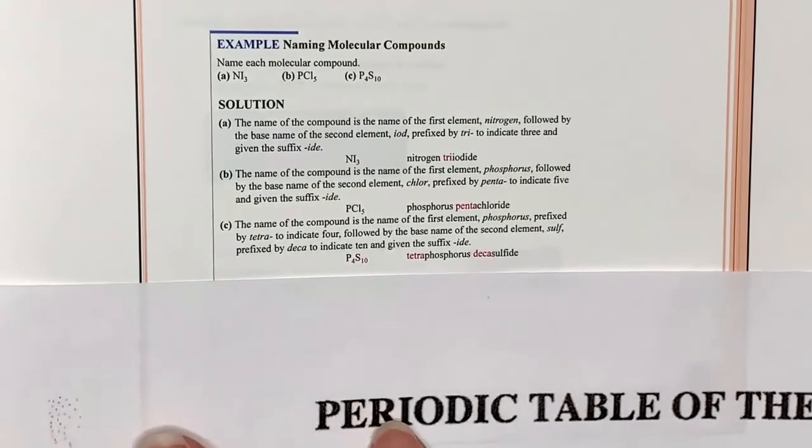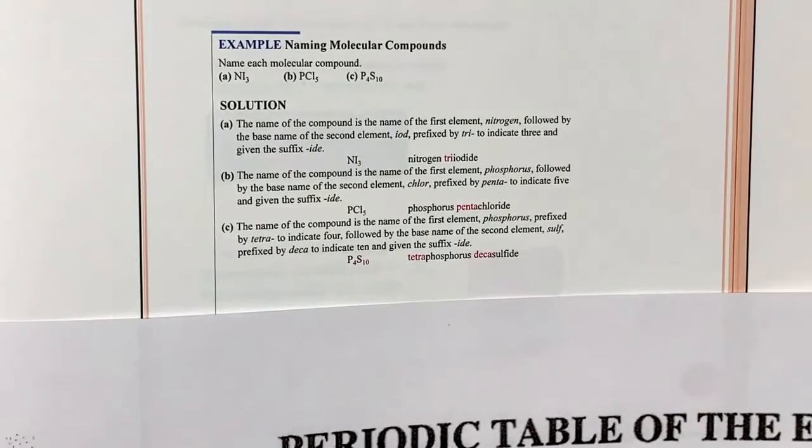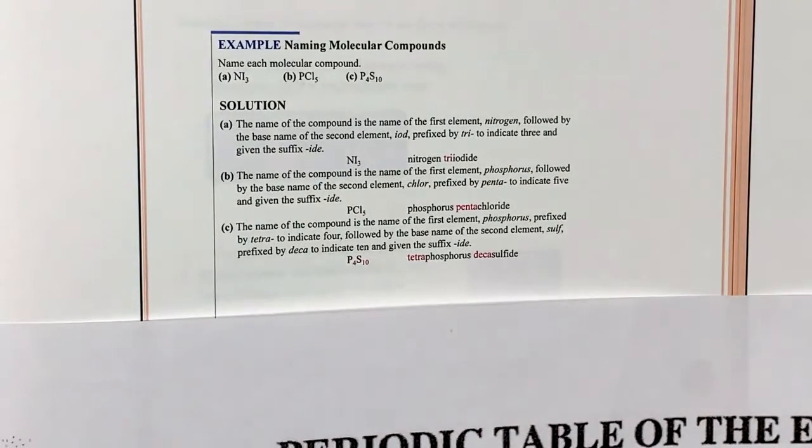A lot of times when you're naming stuff, people mix up the rules for ionic and for molecular compounds. So always take a look at the compound and say, is this a molecular compound or is this an ionic compound? Because ionic compounds have a different naming system than a molecular compound. So try to identify which one it is first, and then go to the mode of how do I name this type of compound, okay?